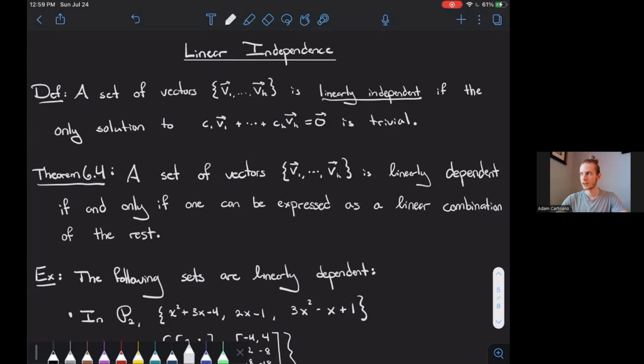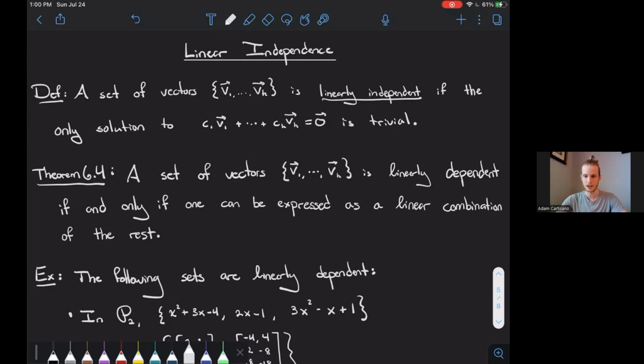By the way, we had a condition to check if a set was linearly dependent. Can you take one vector in your set, do an augmented matrix with that vector off to one side and the rest on the other side, row reduce, and find a consistent system with any solution? If the answer was yes, then your set was linearly dependent. If the answer was no, your set was linearly independent. That process still works in arbitrary vector spaces.